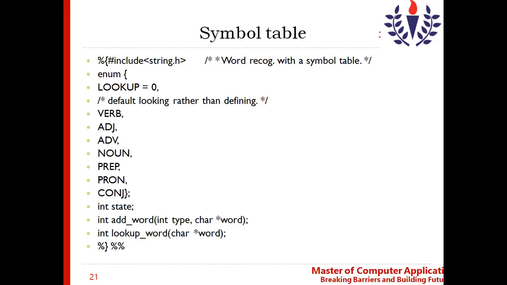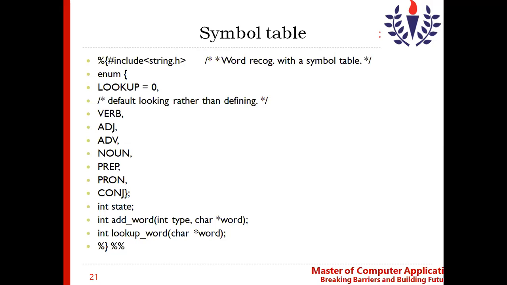Whatever words you want to match will be given in the pattern. But if you would like to recognize more words, then all the words cannot be kept in the pattern. It is very difficult, and the program length will also go up, because of which it is difficult to handle the problem with the same Lex program.